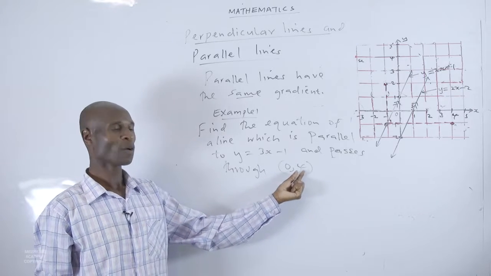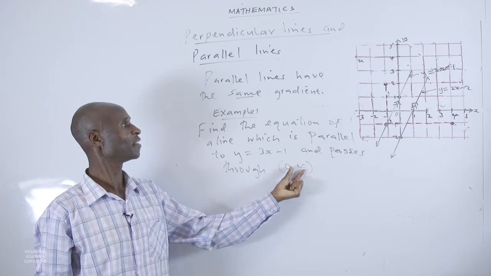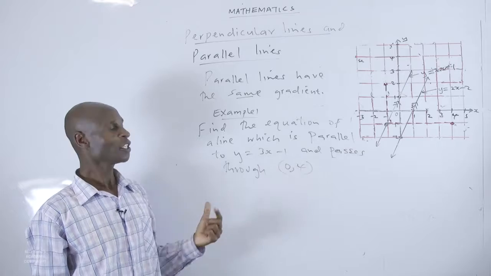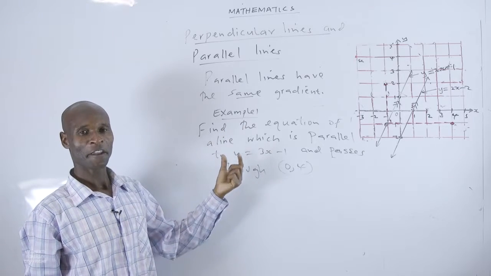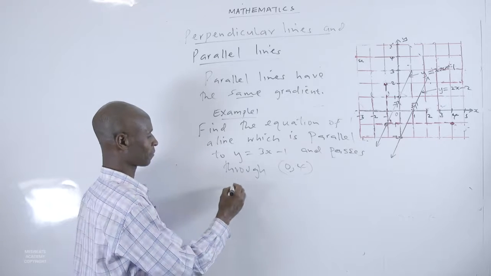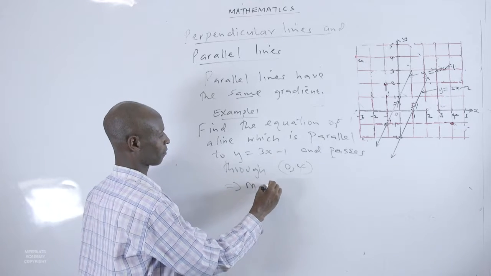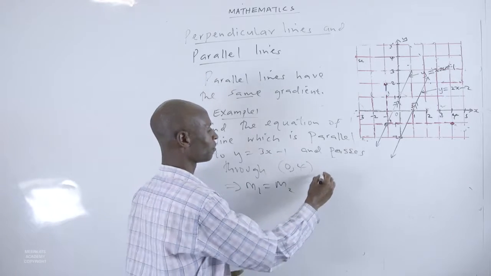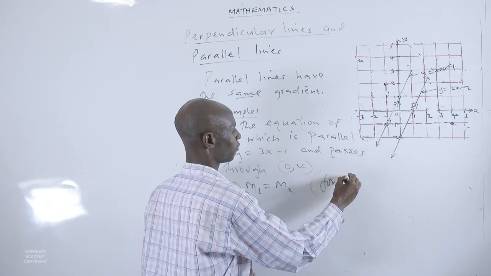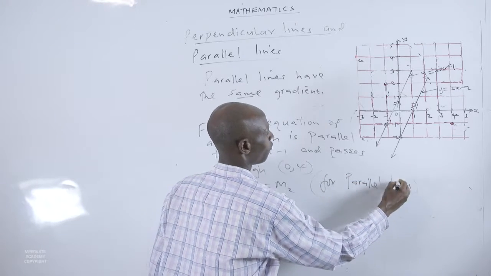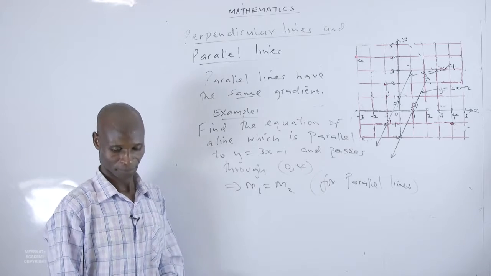That means the y-intercept is 4 in this case. To start with, if lines are parallel, then they have the same gradient. That means M1 is equal to M2 for parallel lines.